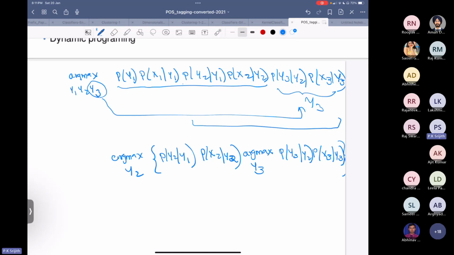So I can do an argmax over y2 over all these terms, and then I can have an argmax over y1 of p of y1 into p of x1 given y1, this component.